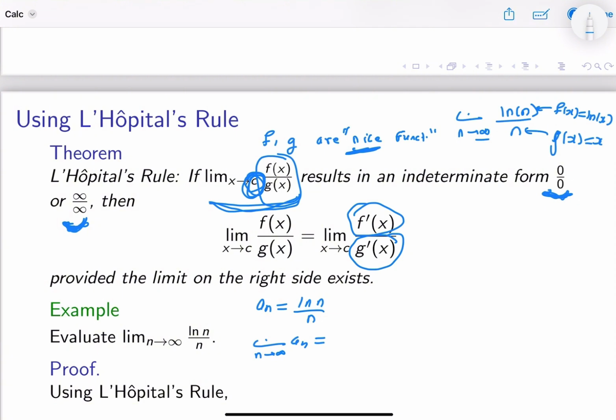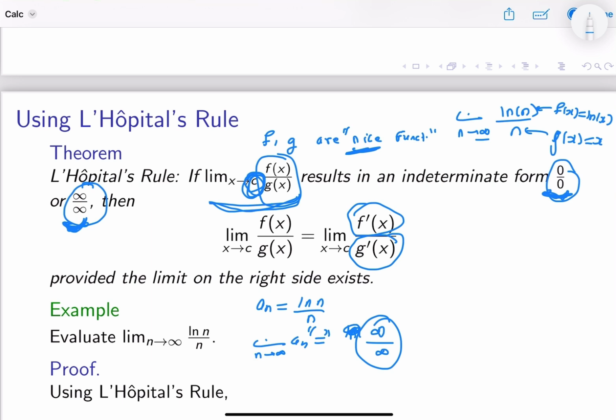So you're going to have log of infinity, which is infinity, over infinity instead of n, so it has the form quote-unquote infinity over infinity. And you go back to the theorem: if it has the form infinity over infinity or 0 over 0, then you can use L'Hopital's rule.